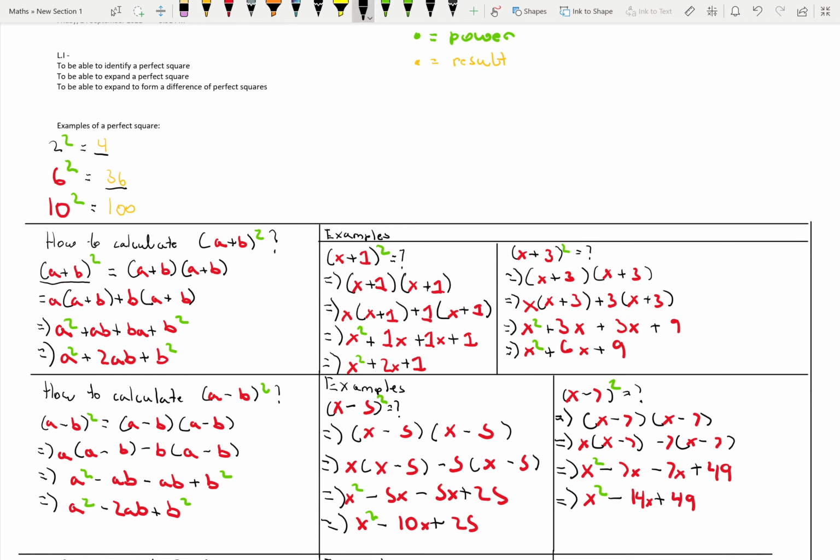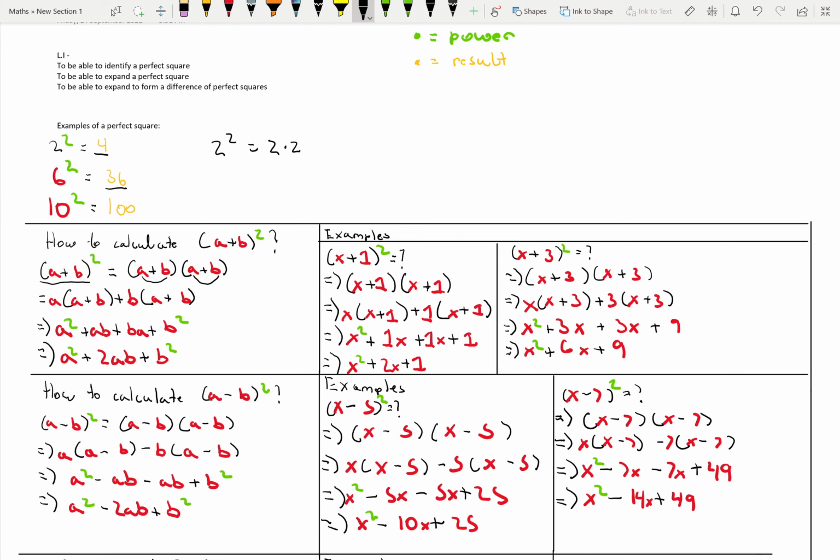How do we expand that? Well, you would expand something like 2 squared by doing 2 multiplied by 2, correct? Now, you simply apply the same sort of logic with a plus b whole squared, which is simply multiplying a plus b by a plus b. Therefore, you have a plus b multiplied by a plus b.